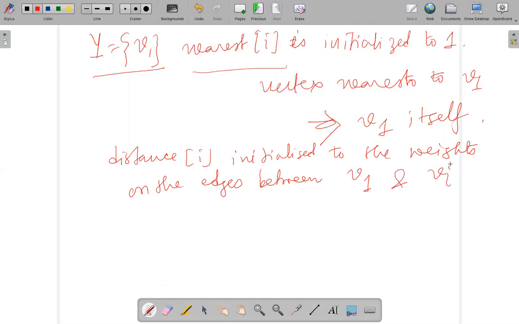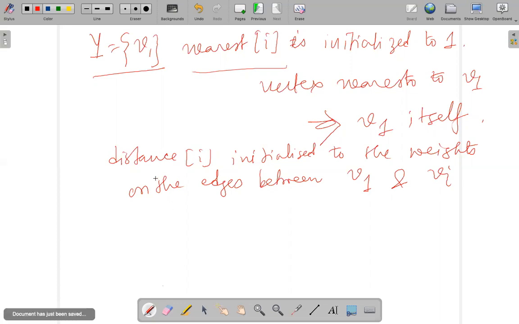Okay. So as new vertices are added to Y, these two arrays, distance I and nearest I, both get updated with reference to the new vertex.